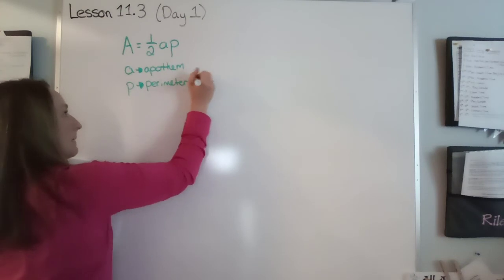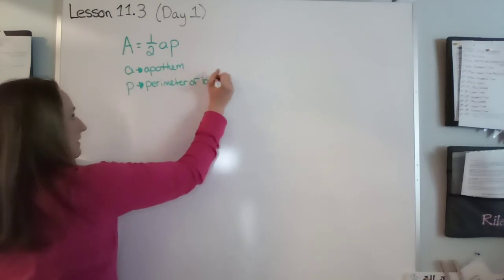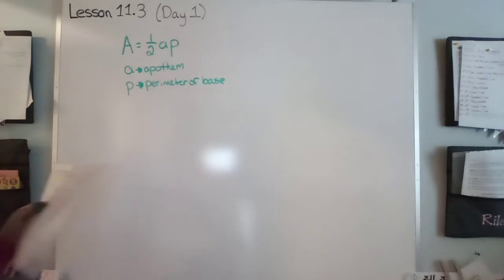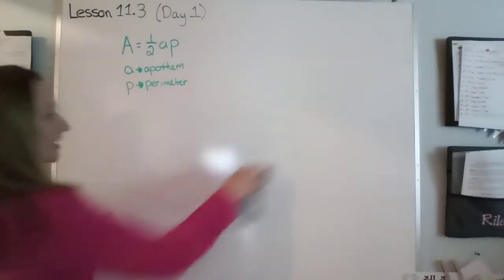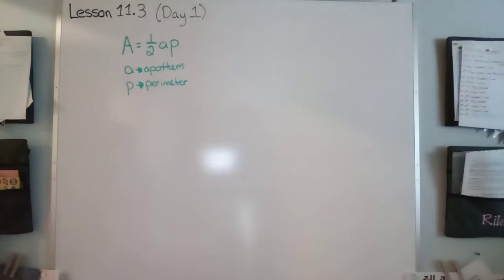When we get into our 3-dimensional shapes, then we'll say perimeter of base. We'll just say perimeter for now because there's only one shape.